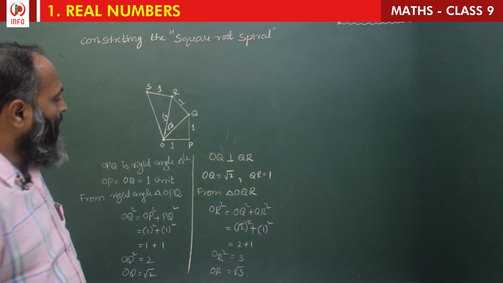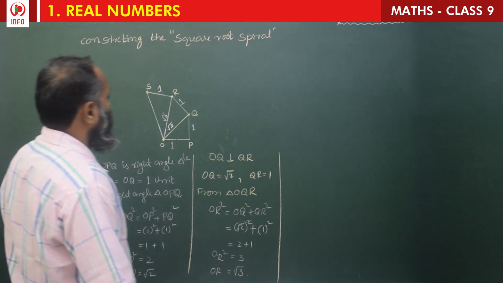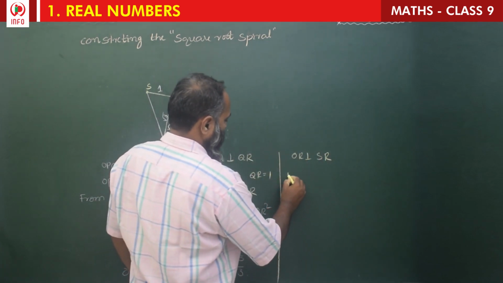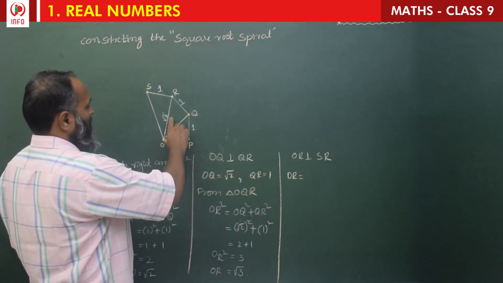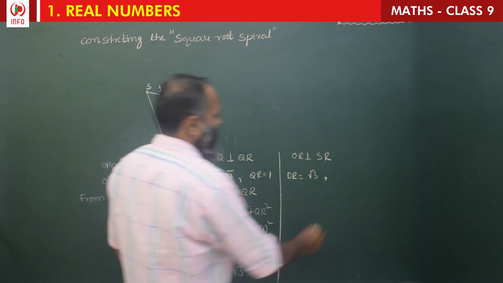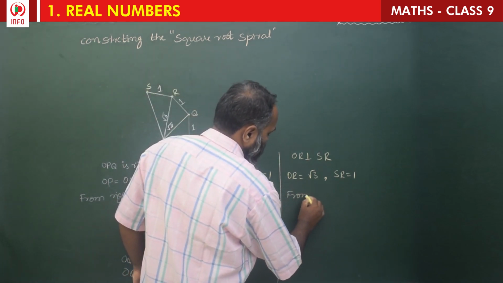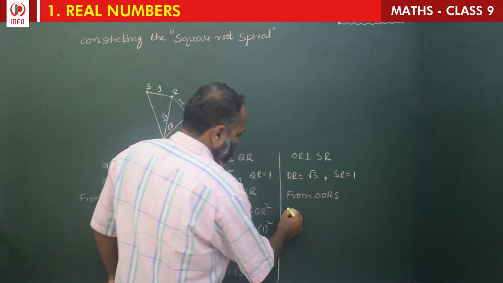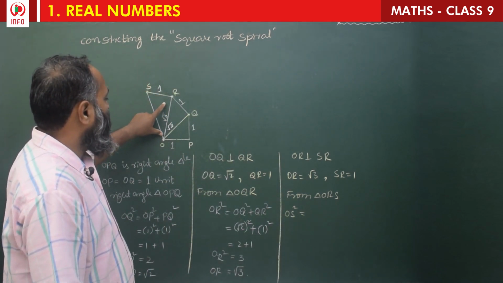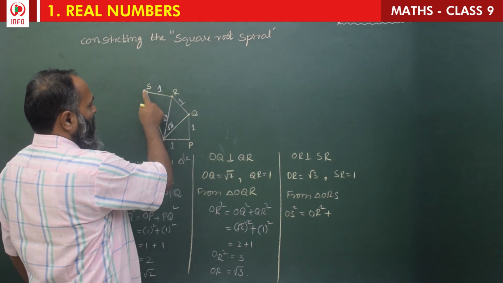Now again, OR is perpendicular to SR. From triangle ORS, OS square is equal to the sum of the squares of the two perpendicular sides, that is OR square plus RS square.